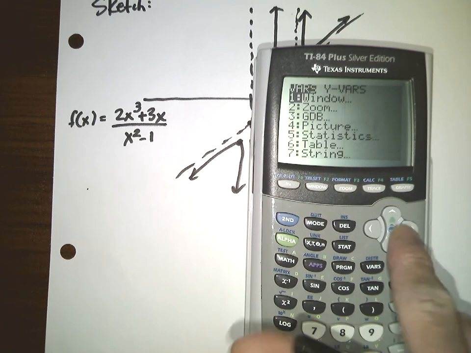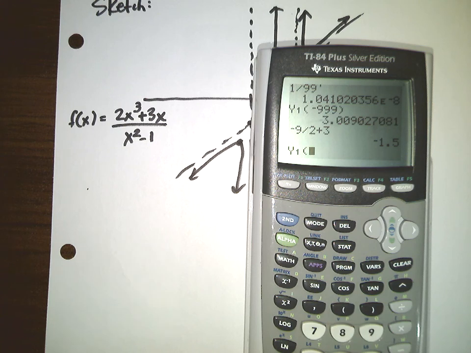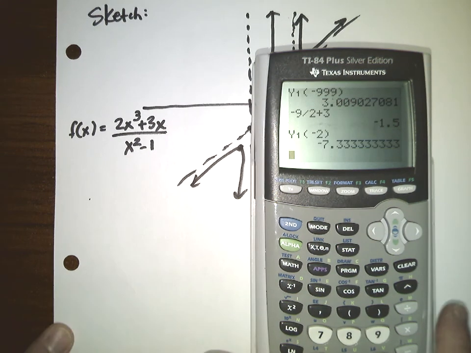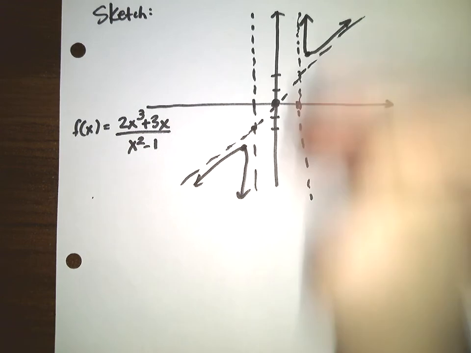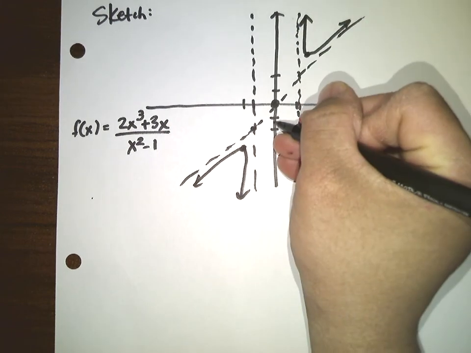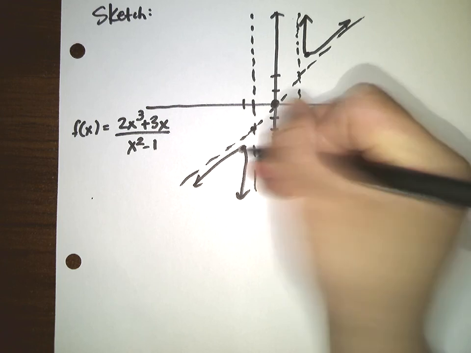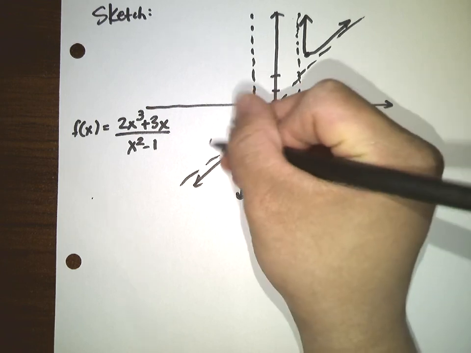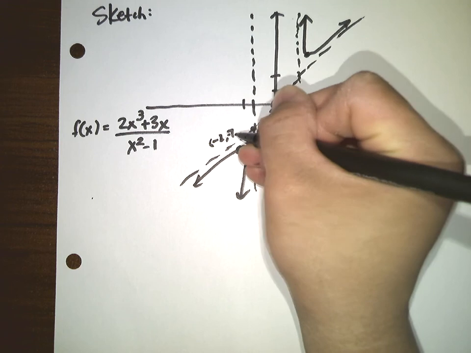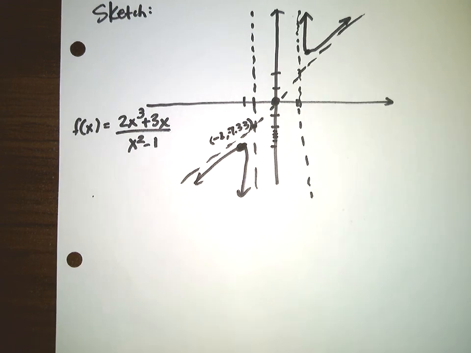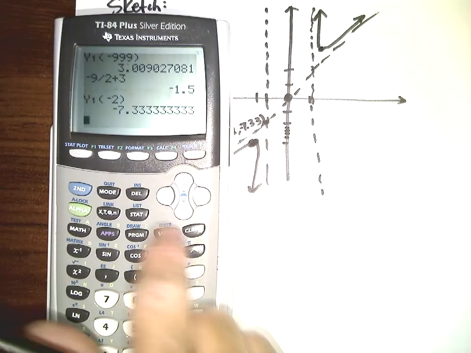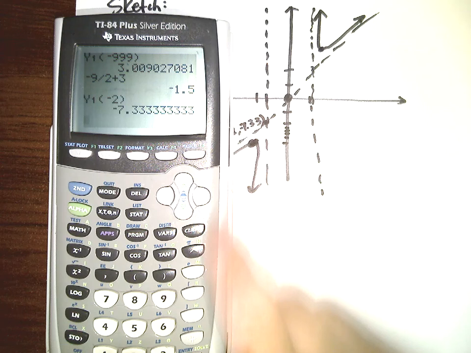If I want to pick specific values, I can substitute in, say, -2, and I get -7.33. So there's a point at -2, -7.33. Now let's look at something between -1 and 1.